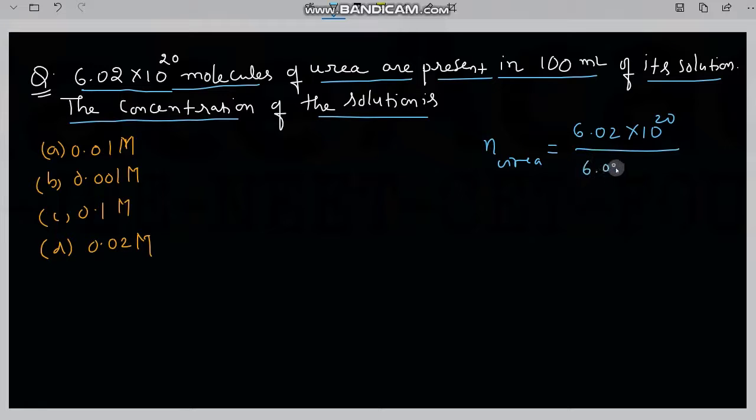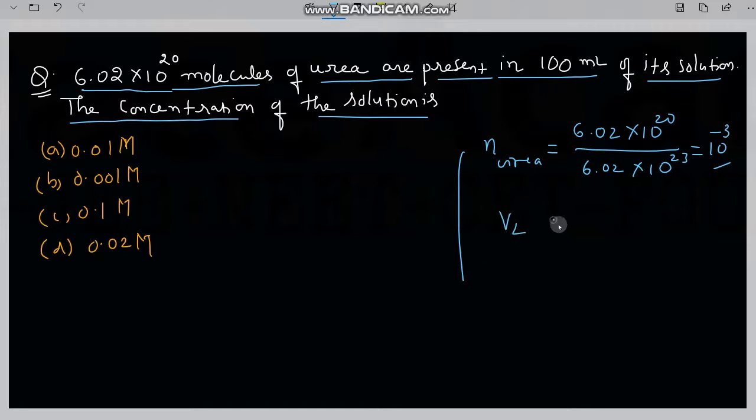Avogadro number is 6.02 into 10 to the power of 23. When it is cancelled, we get 10 power minus 3. So the number of moles of urea is 10 power minus 3.